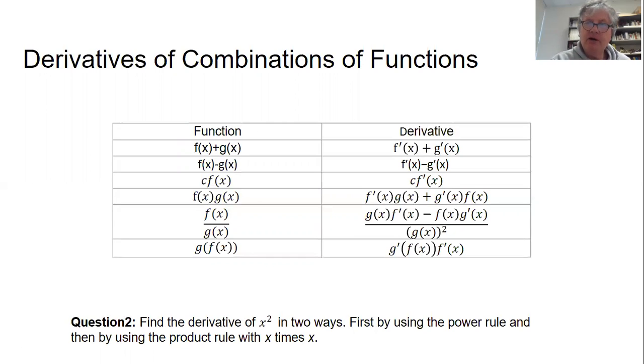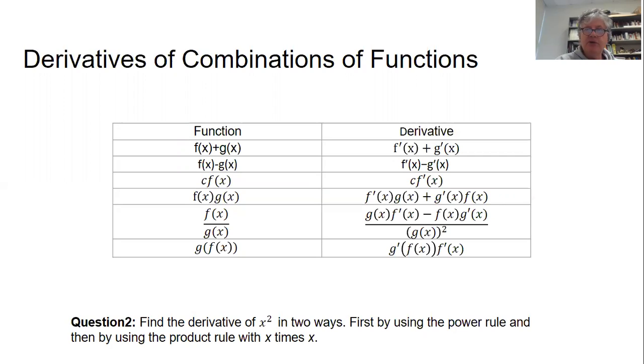The other type of derivative law is how you then take the derivative of basic functions put together. Most of these you've seen. There's two new ones. We know, for example, the derivative of the sum is the sum of the derivatives.